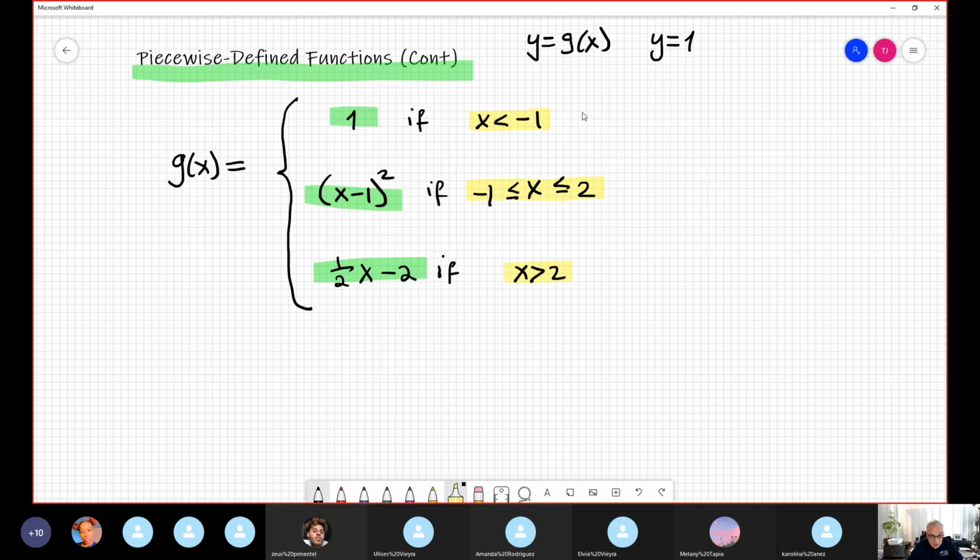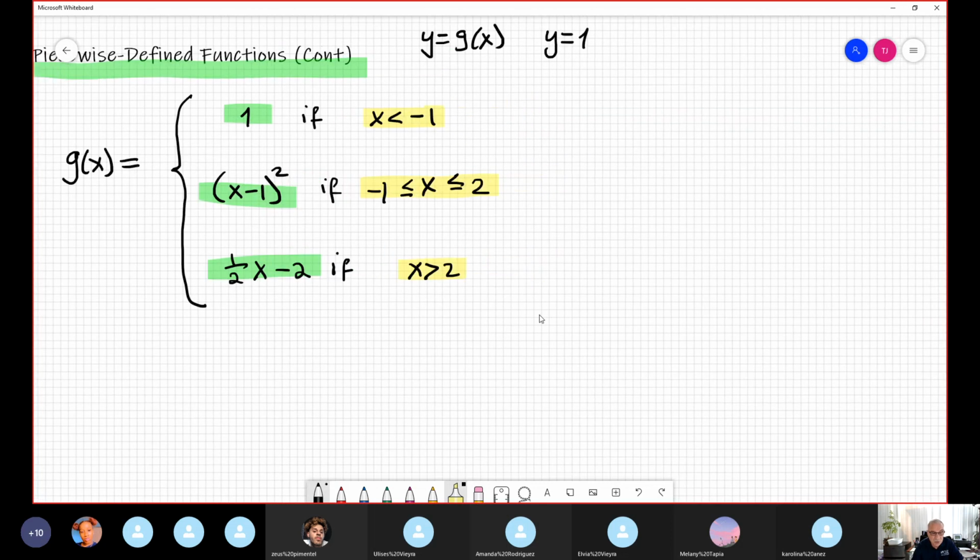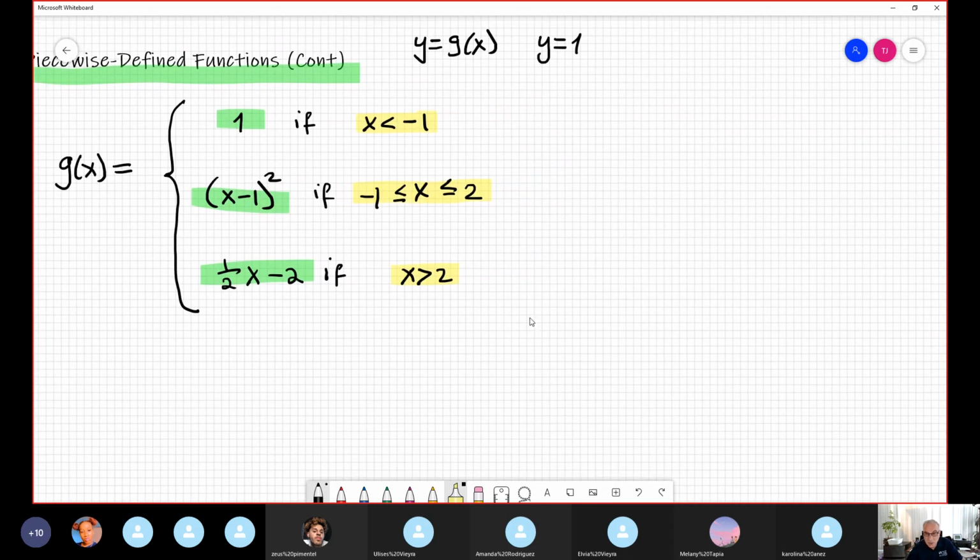Well, in order to understand a little bit better, I propose you do the number line here. This is the number line, negative infinity to positive infinity, 0 in the middle, and the important points are -1 and +2. Look, -1 here, and +1, +2.